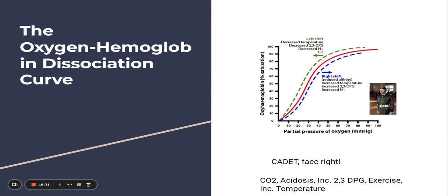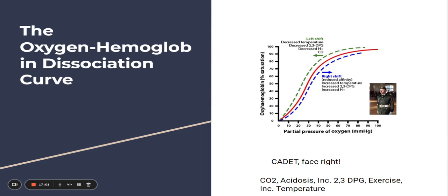The red sigmoid, so it's a sigmoid shape curve, is a normal state, a resting state, a baseline state. And you can see right around 60 millimeters of mercury of partial pressure, that's where we have the most oxygen saturation of the oxyhemoglobin, excuse me.